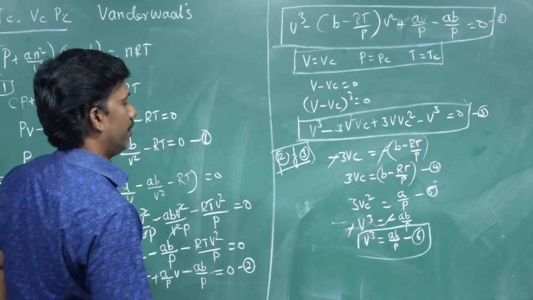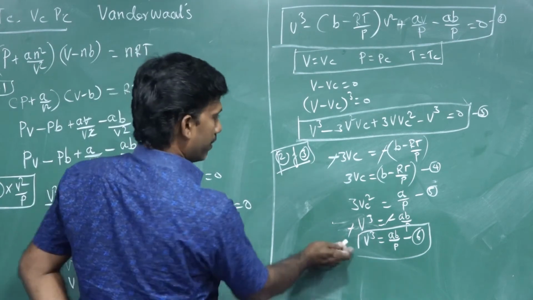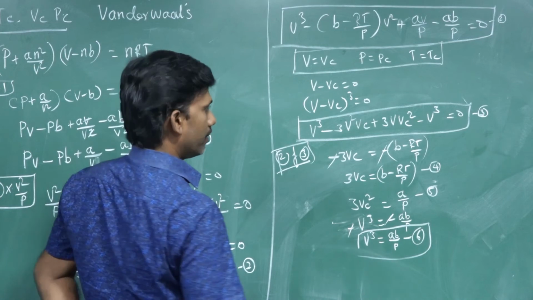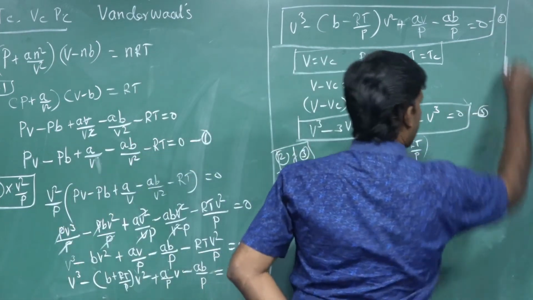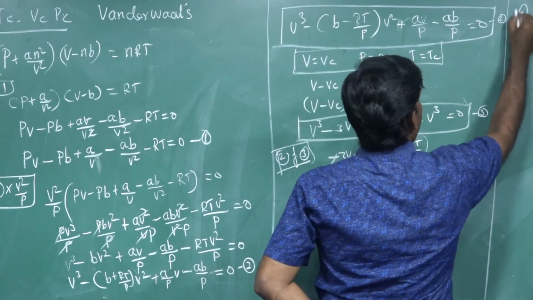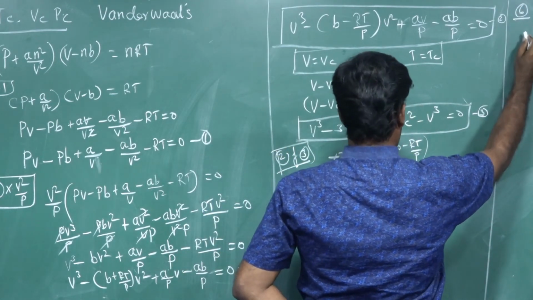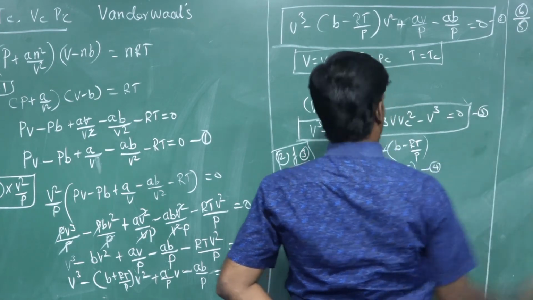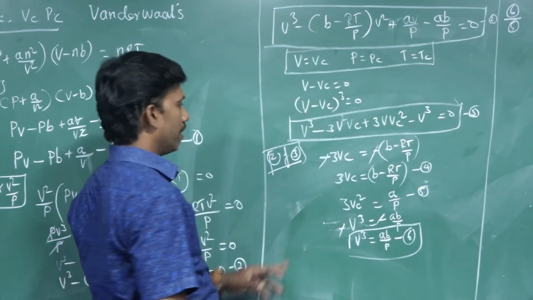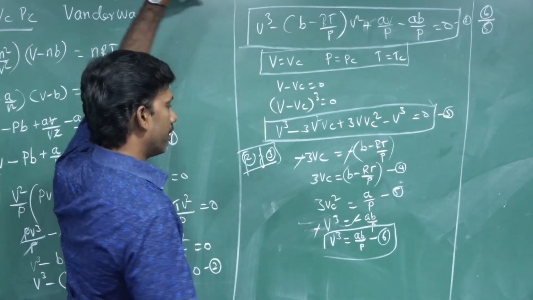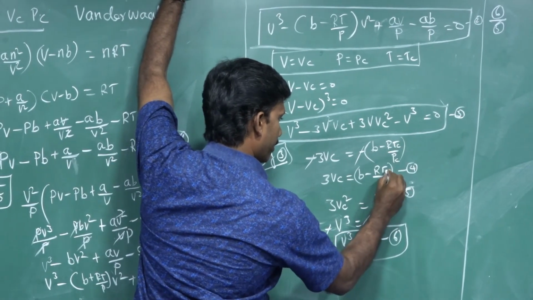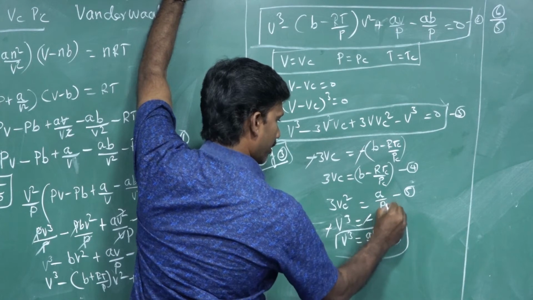Now, from this, I am going to get PC, VC, TC. So divide equation 6 by equation 5. One thing I want to say: in all cases, at the critical condition, T should be TC and P should be PC.